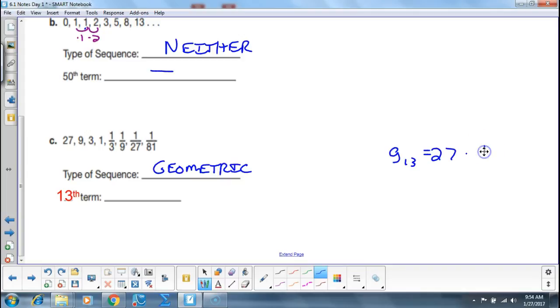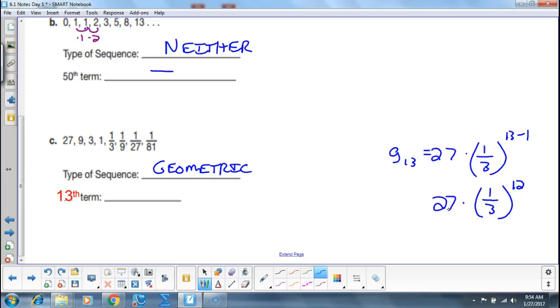Okay, so this would be 1/3 to the 13 minus 1 power, right? 13 minus 1 is 12. So that's 1/3 to the 12th power times 27.